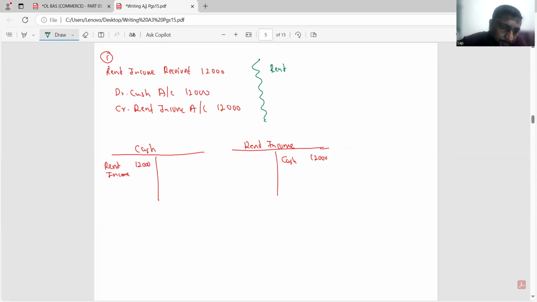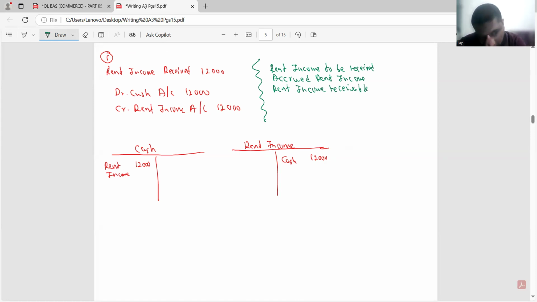Rent income to be received, this is what we'll call accrued rent income, if not, rent income receivable. The amount that we should receive is an asset for us. 3,000.